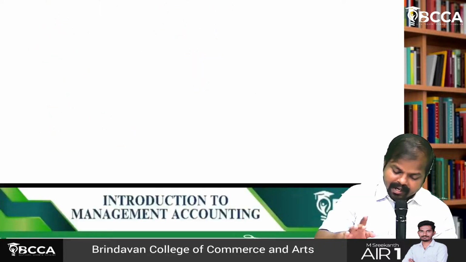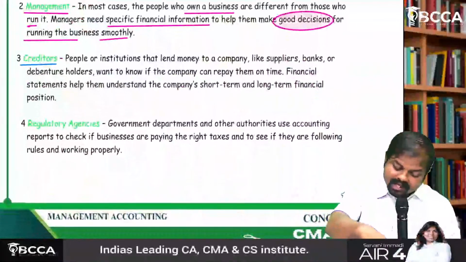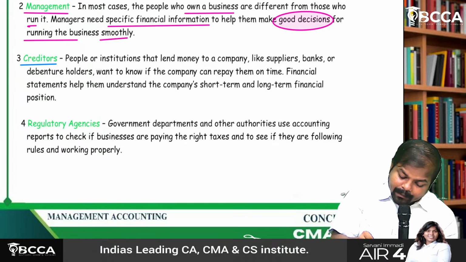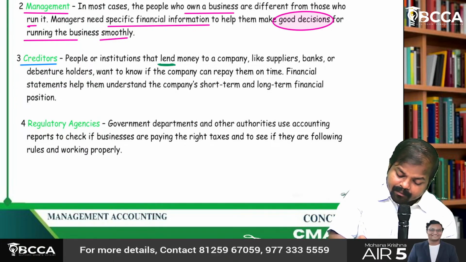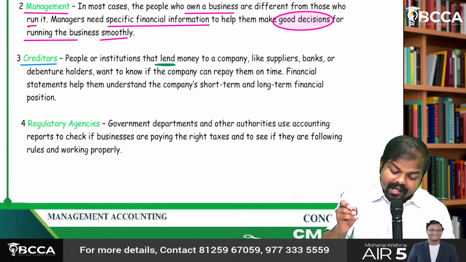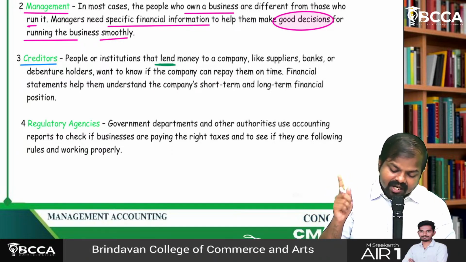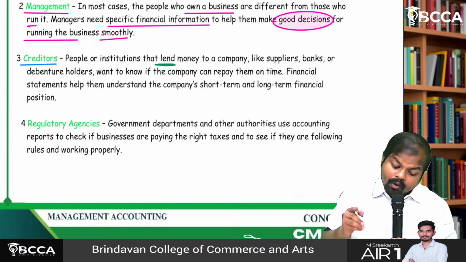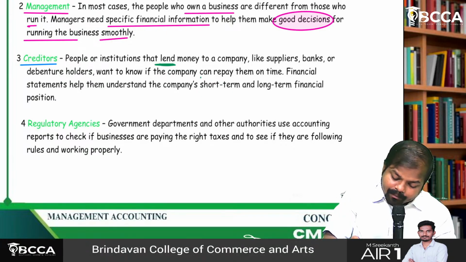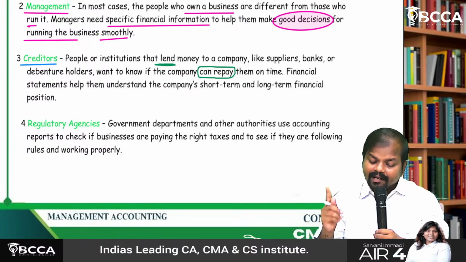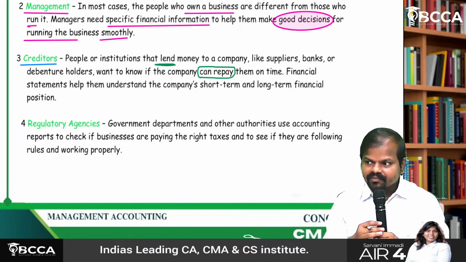So, coming back to the discussion, what is a creditor's expectation here? Creditors are people or institutions that lend money to a company, like suppliers, banks, debenture holders. They want to know if the company can repay. This is the most important thing: can it repay on time.